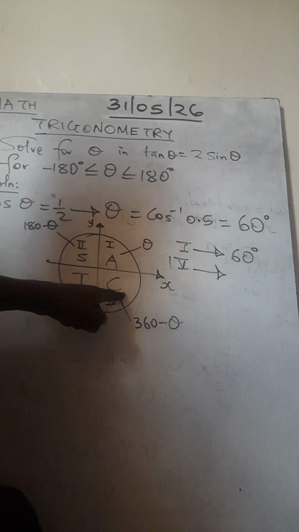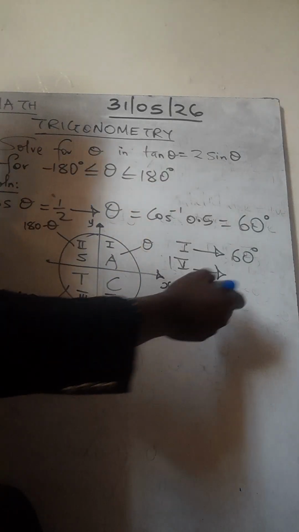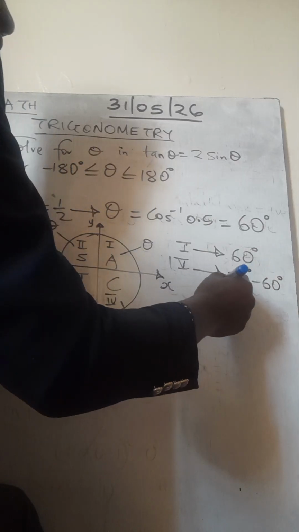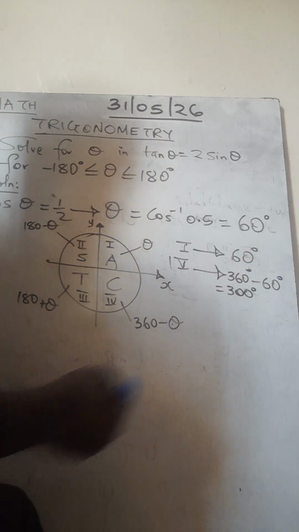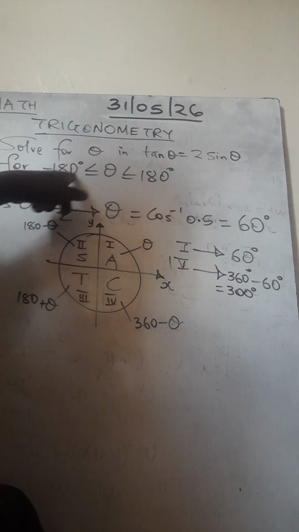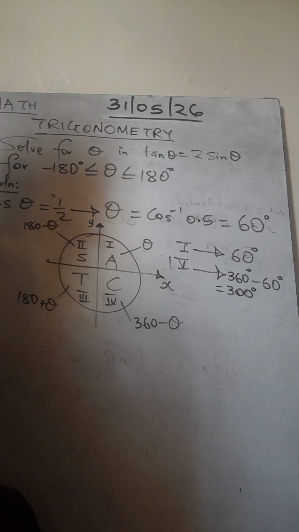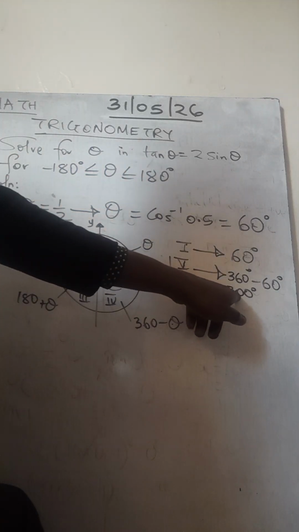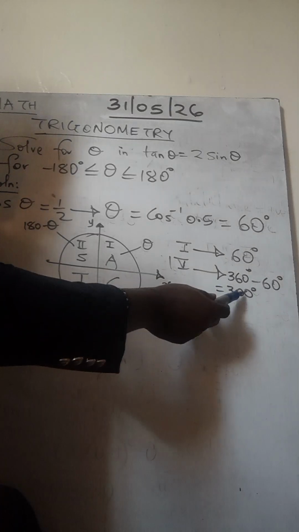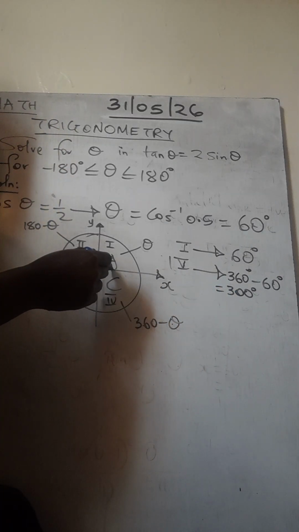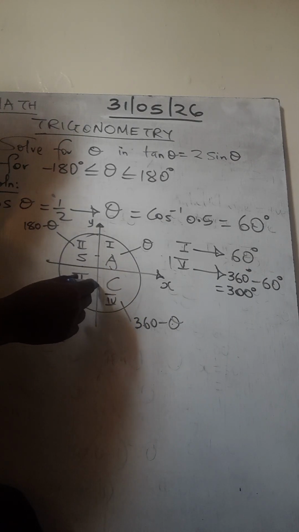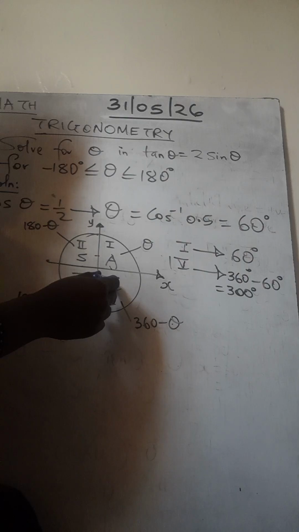Cosine is positive here. And it is 360 minus theta, which is 360 minus 60. That one gives 300. Now the question is, is this 300 within this range? The answer is no. So we need to look for an equivalent angle that is within this range. So positive 300 means we came this way. This is positive 90, positive 180, positive 270, and we got positive 300 here.